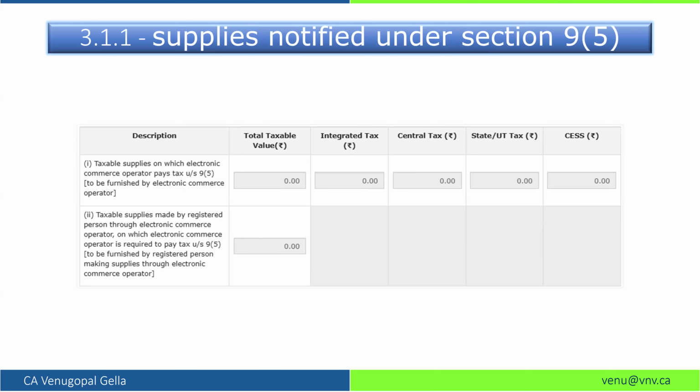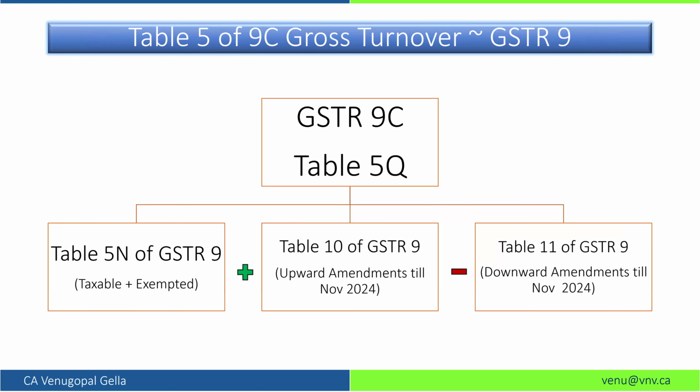We had 3.1.1 introduced, linking with table 14 and 15 of R1. In 3.1.1, we have e-commerce operators where the liabilities payable come under 3.1.1, which is table 15 of R1, and table 14 of R1 is 3.1.1 subtable 2. 2 is the subset.